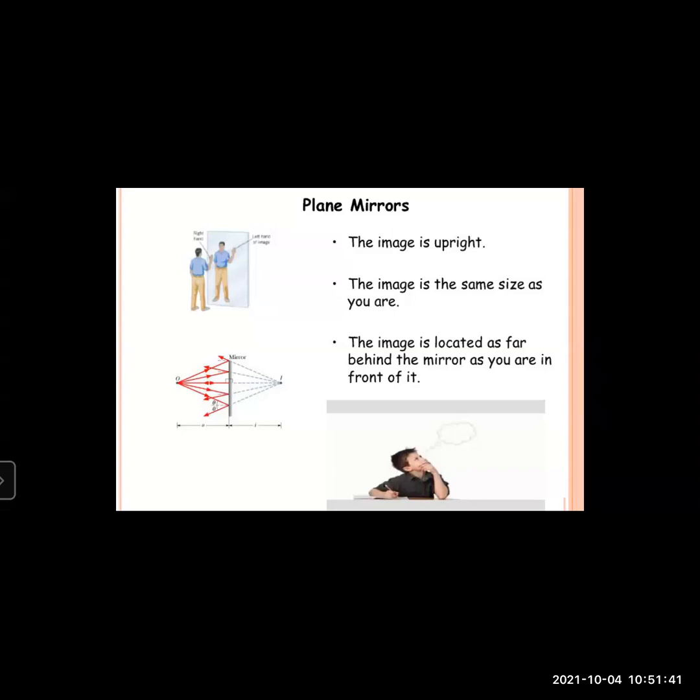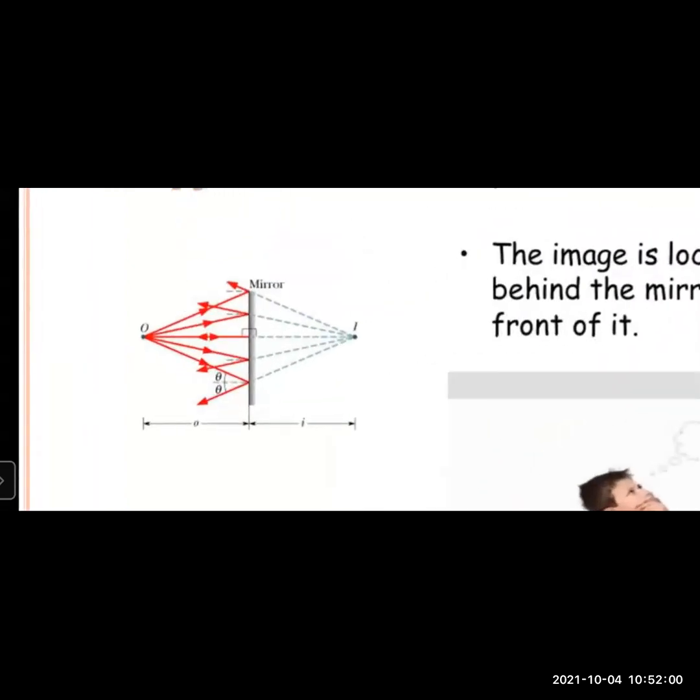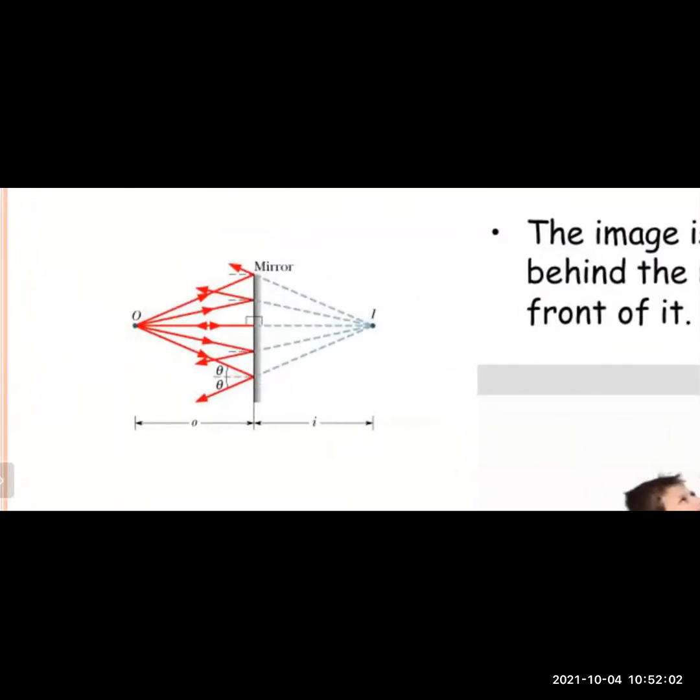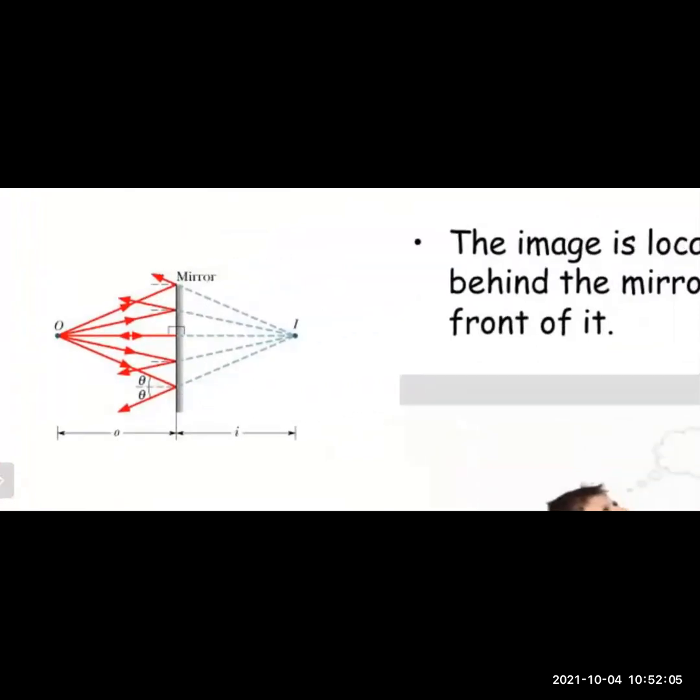So you can see the distance capital O towards the mirror, which is a perpendicular drawn. The red perpendicular, till the perpendicular, the distance is the same. After that, the distance behind the mirror, you can see O and I. So these two distances are the same.